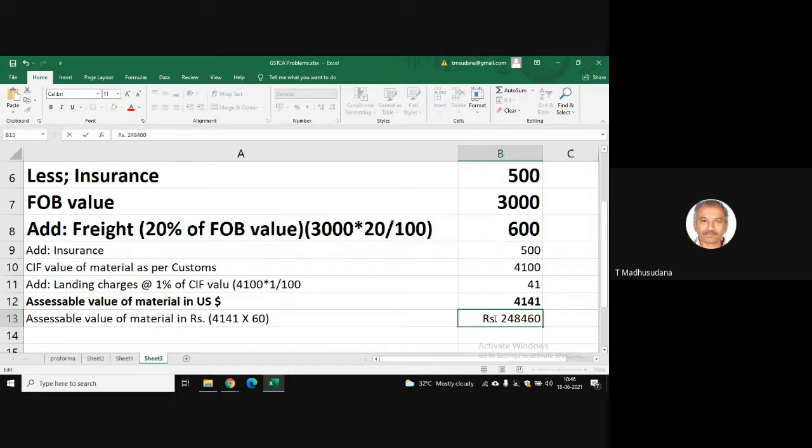Okay, so this is how you have to calculate the assessable value when the CIF price is given.